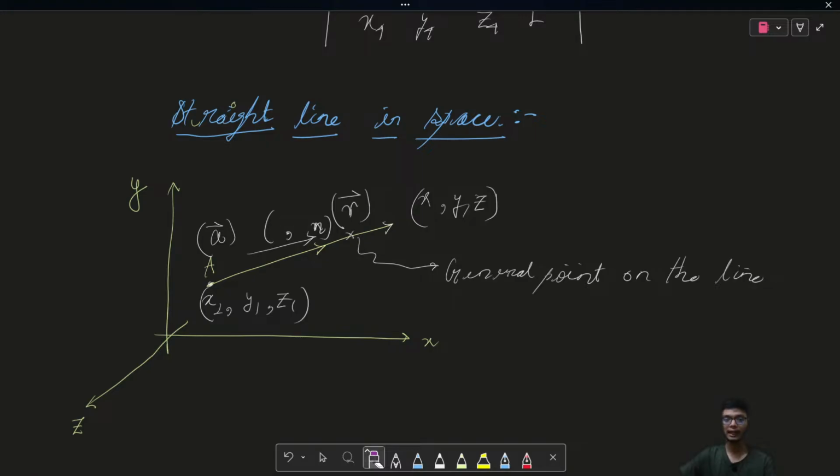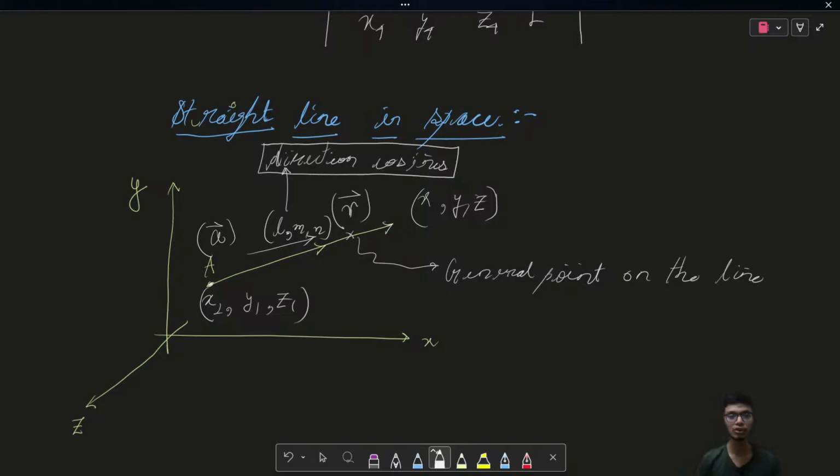Let us not write the direction ratios as l, m, n, because that will denote the direction cosines. Anyways, let me write l, m, n, which are the direction cosines. So the direction cosines are given as l, m and n, which are already known to me, because for a straight line we will be directed towards some particular angle or direction, right? So I will know the direction by the direction cosines, and I know my initial or fixed point.